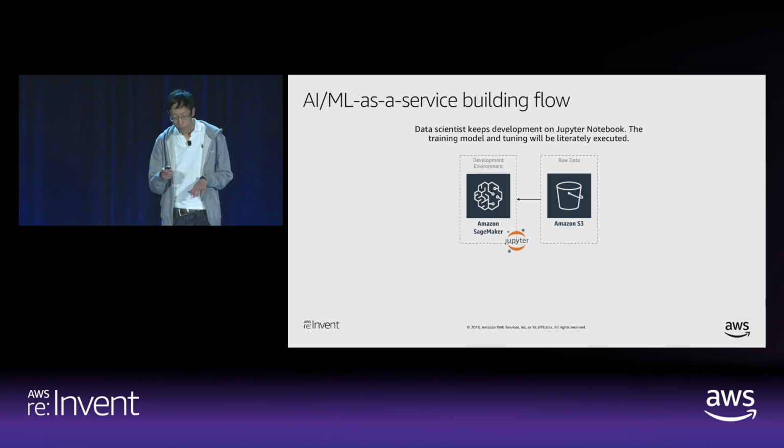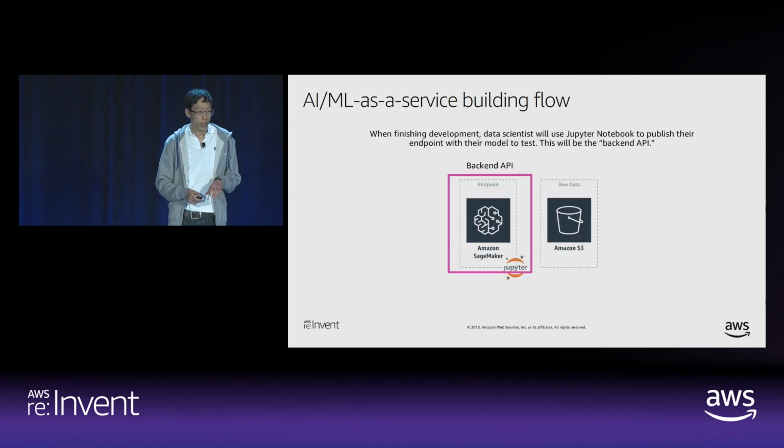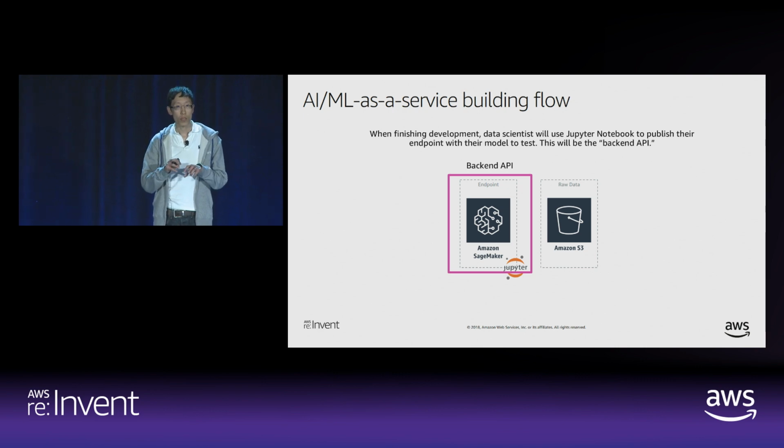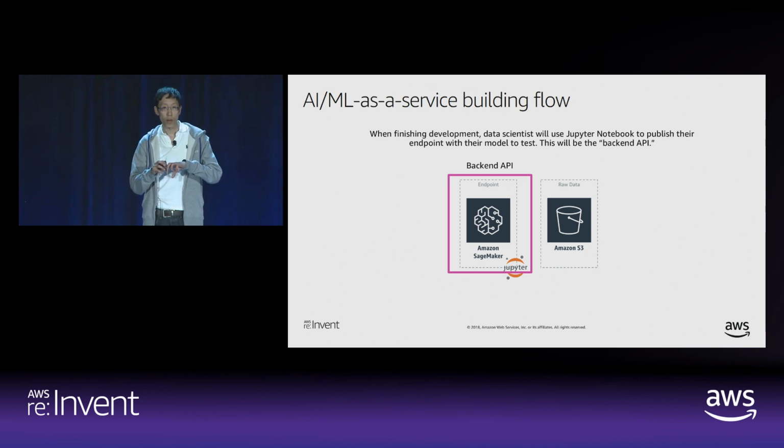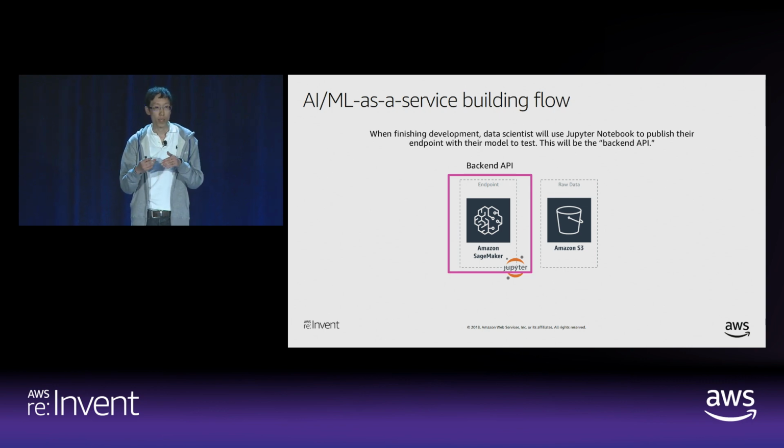And then after they build their own models, they're going to make SageMaker host the model. I call it the backend API. That is the API, SageMaker hosting the model that the data scientist built.